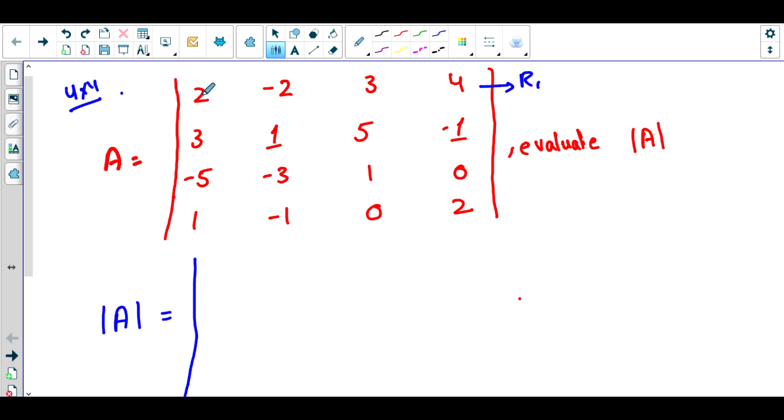Can I do this: R1 minus 2R4? What will be the benefit if I do that? It will be R1, which is 2, minus 2 into 2, it will make it 0. I have a 0 here.